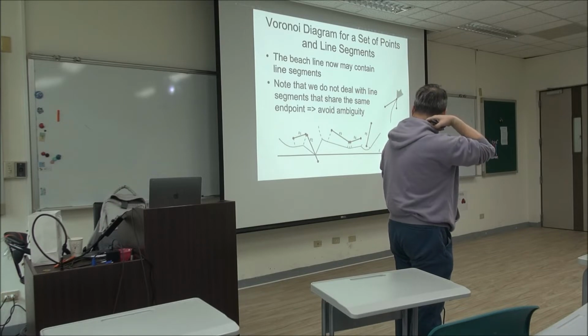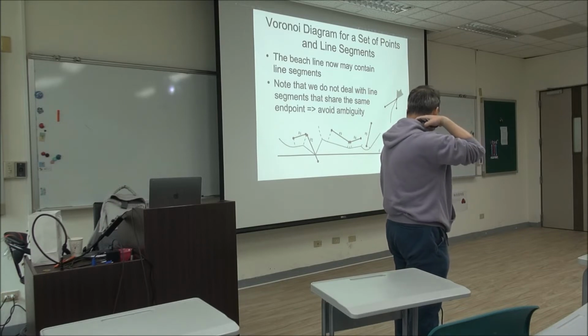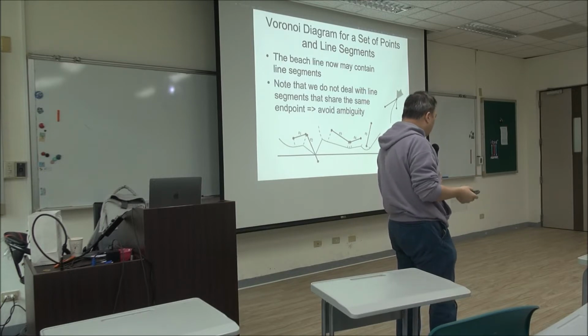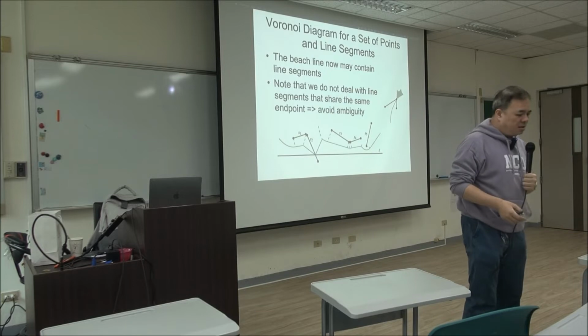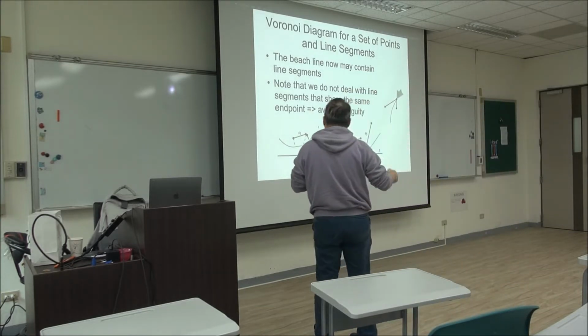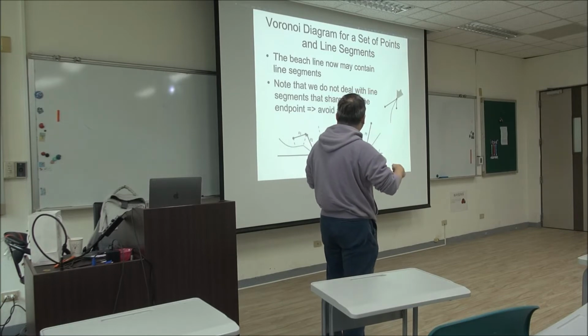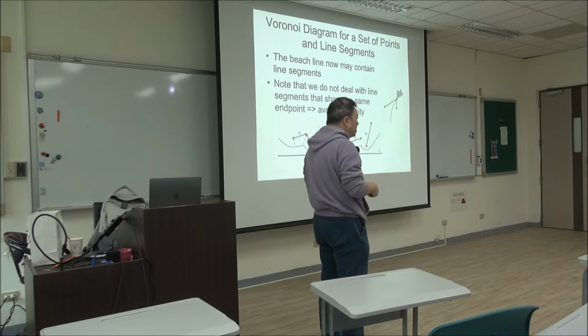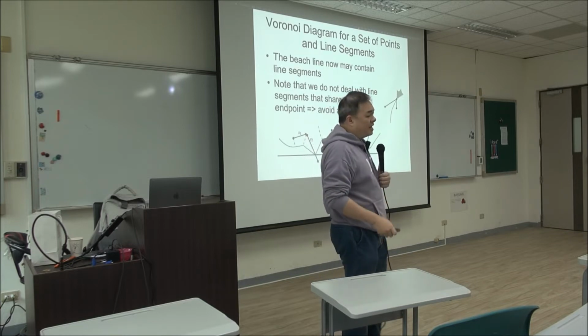Okay, so obviously the problem we discussed last week is to utilize what we called the beach line to solve the Voronoi diagram problem for a given set of sites.